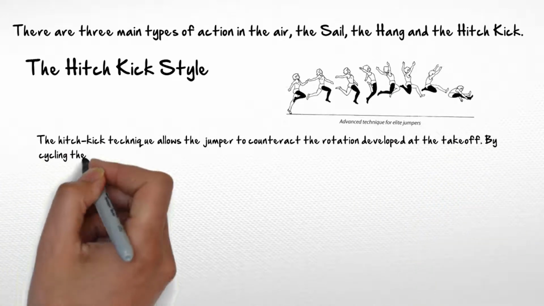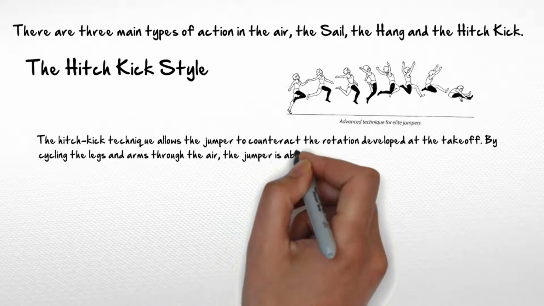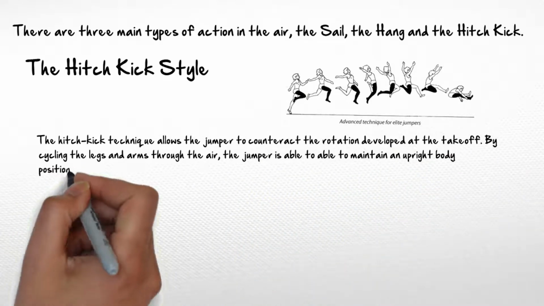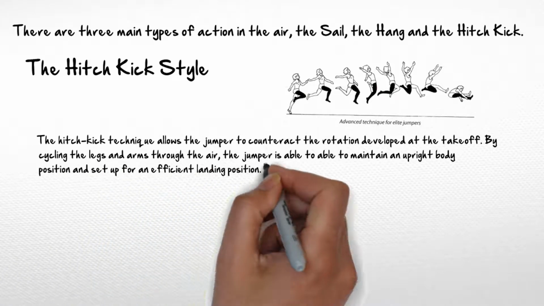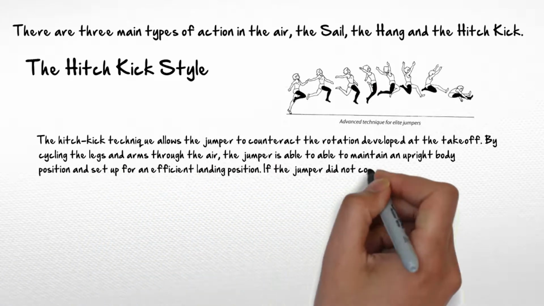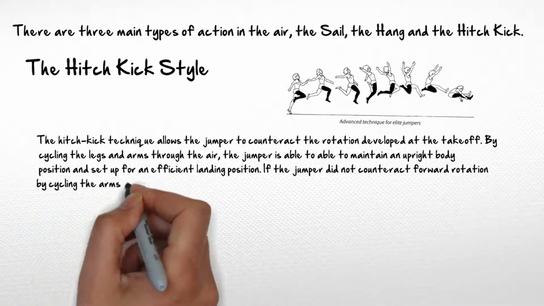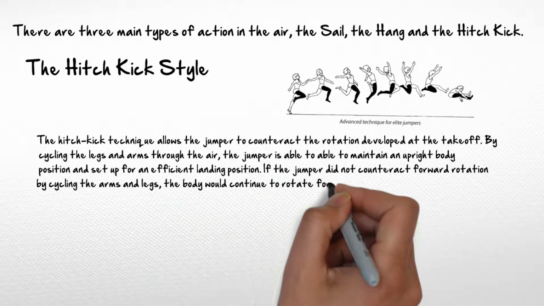By cycling the legs and arms through the air, the jumper is able to maintain an upright body position and set up for an efficient landing position. If the jumper did not counteract forward rotation by cycling the arms and legs, the body would continue to rotate forward into a face down position in the sand.